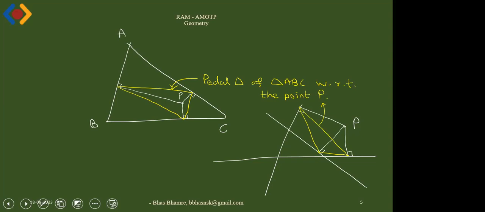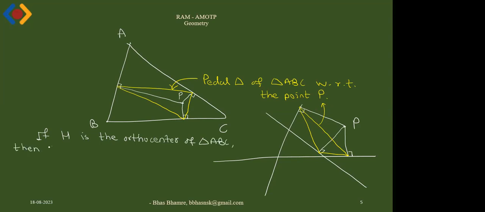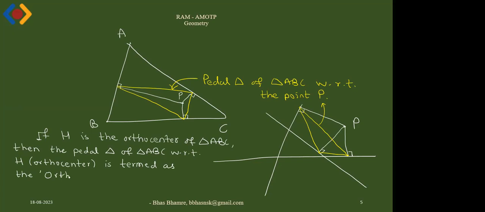But in a special case, if H is the orthocenter of triangle ABC, then the pedal triangle of triangle ABC with respect to H, that is the orthocenter, is termed as the orthic triangle of triangle ABC.